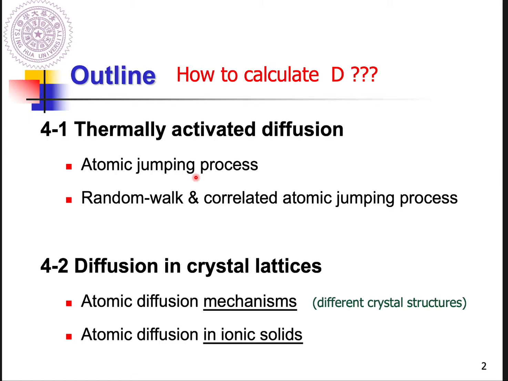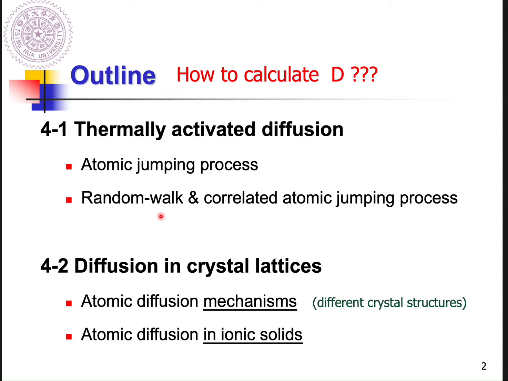Usually you observe the diffusion phenomenon in macro scale, right? But if you enlarge your materials, diffusion phenomenon means lots of atoms jump together. So this is what we call the atomic jumping process. You need to have some idea how atoms move or jump in your materials.